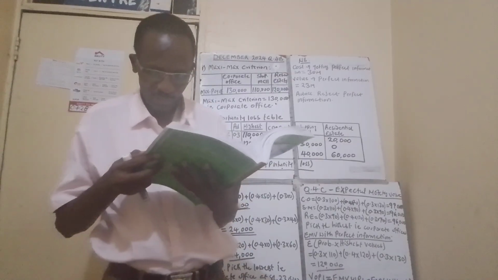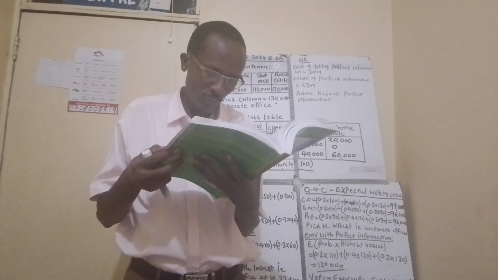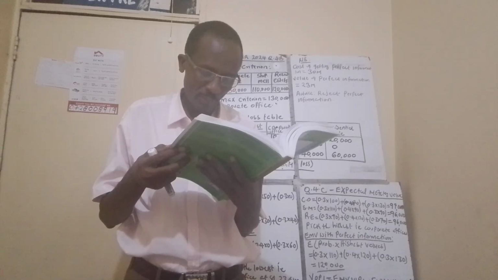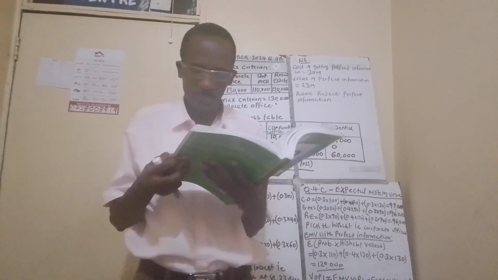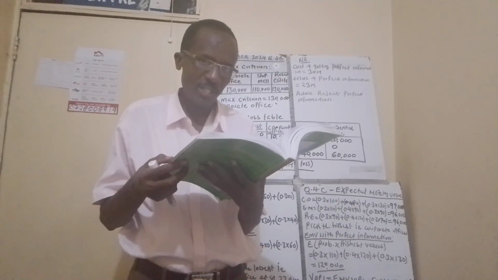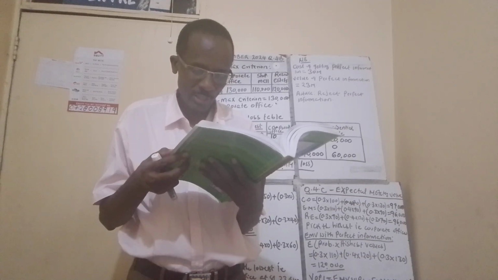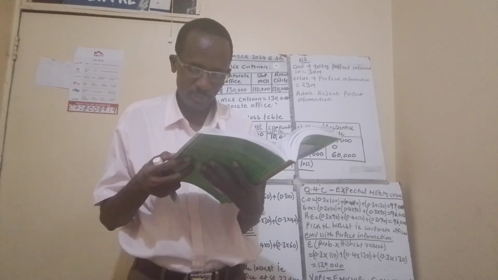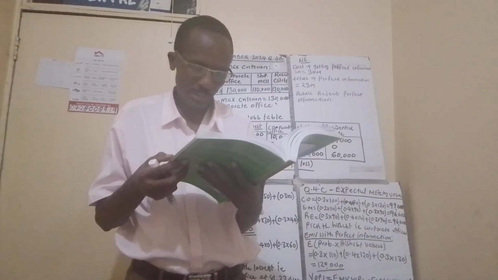The investment center manager is to make a decision on which of the three mutually exclusive projects to invest in the next year. Each project is considered to be an investment center. The three investment centers are corporate offices, shopping malls, and residential estates.